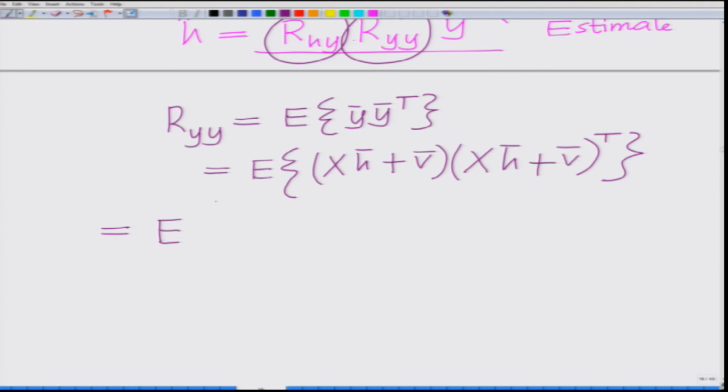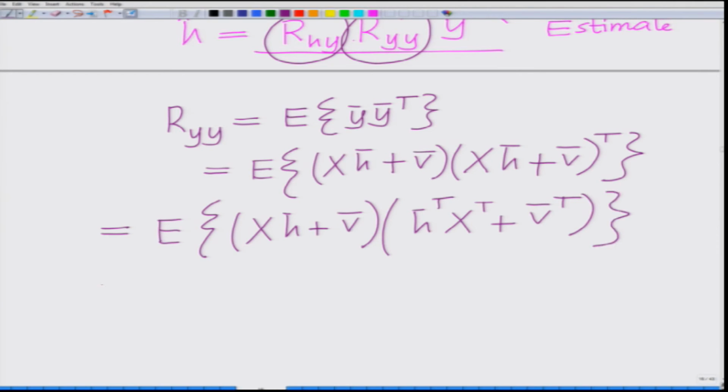Using the properties of the transpose, this is basically x h bar plus V bar times h bar transpose x transpose plus V bar transpose. This is equal to the expected value of x.